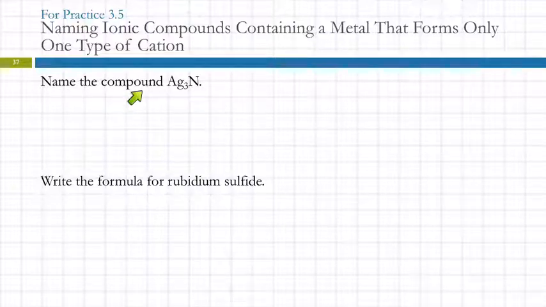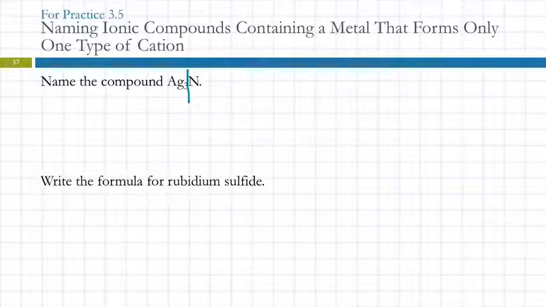Okay, so here's this compound, Ag3N. Let's name it. Well, we need to look at the individual ions. So there's always 2, right? So there's the silver part and there's the nitrogen part. So Ag, is that in groups 1A, 2A, 3A, zinc, or silver? Yeah, it's silver, right?